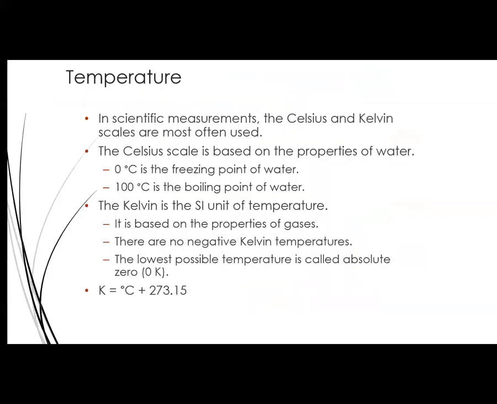Now, the reason why Celsius and Kelvin are commonly used is that Celsius, while it has those nice values, 0 degrees Celsius and 100 degrees Celsius, the scale between 0 degrees and 1 degree Celsius, so from 0 to 1 degree Celsius, would be a change of 1 degree Celsius.